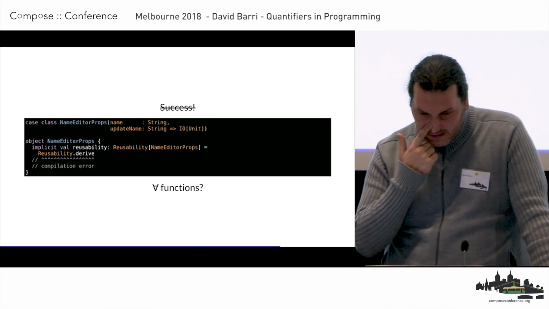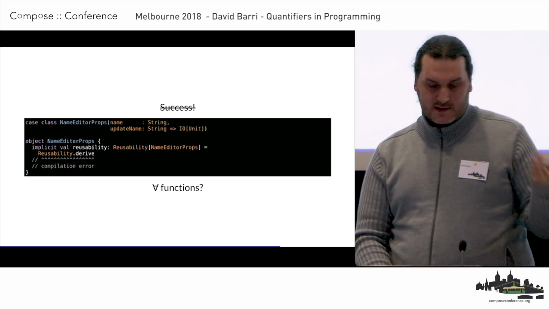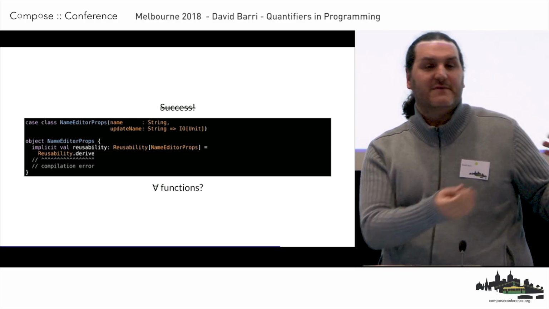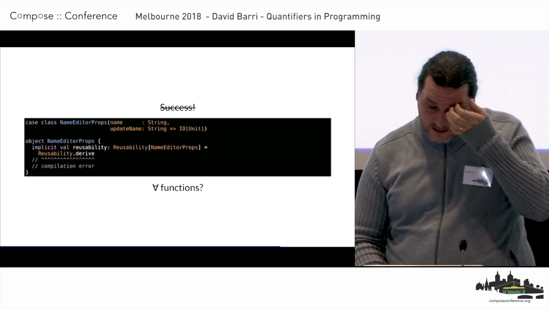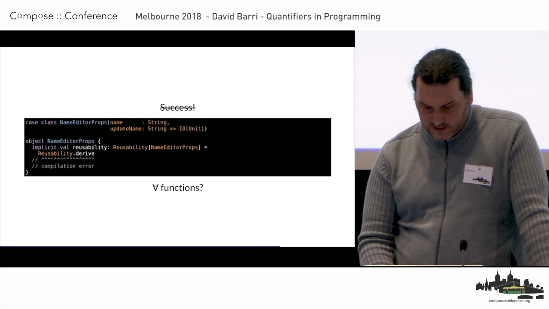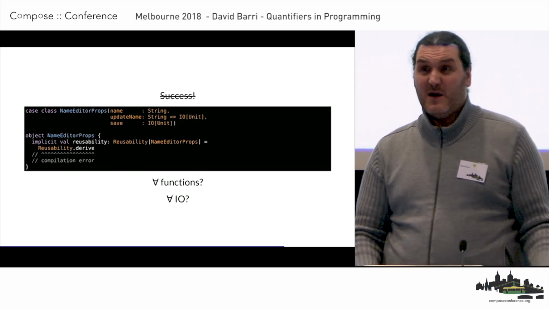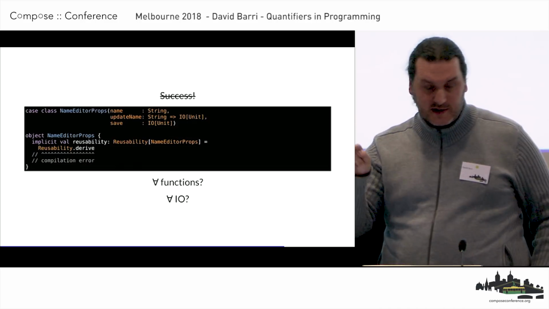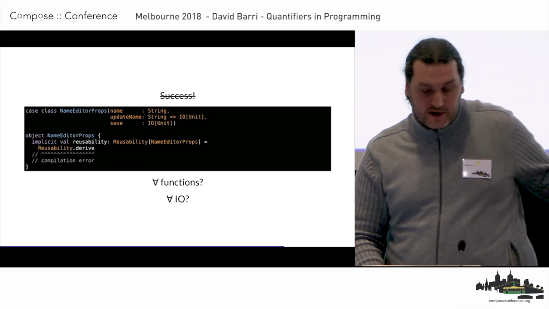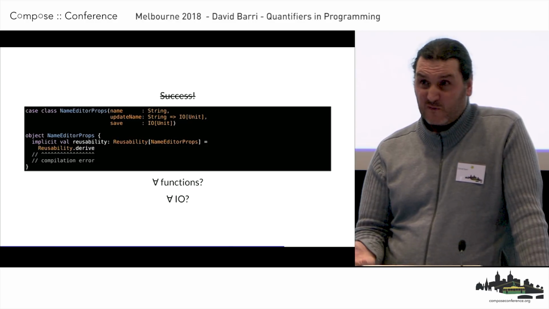So this is a very realistic kind of function. A UI component wants to update its name. Well, it takes the new name as a string, and then there's some kind of side effect that happens. It doesn't care about what that is. So we don't have reusability for this. How do we provide that for all functions? Similarly, if you imagine there was just a little save button, you click it, you want to execute some arbitrary I/O. How do we define a reusability type class for all I/O?